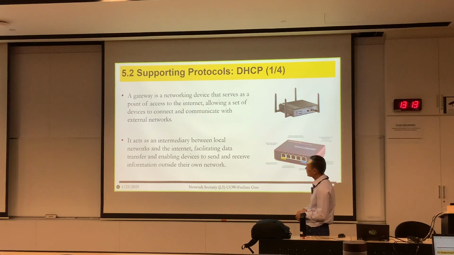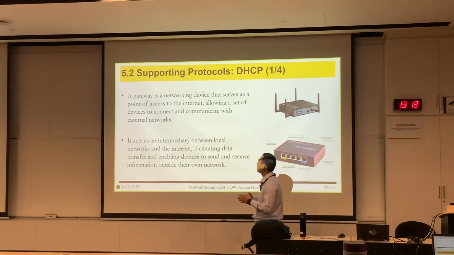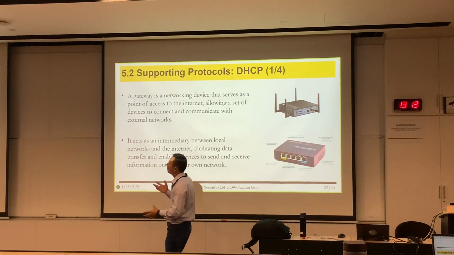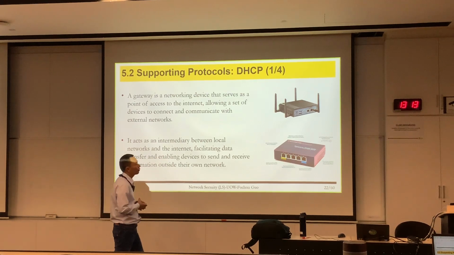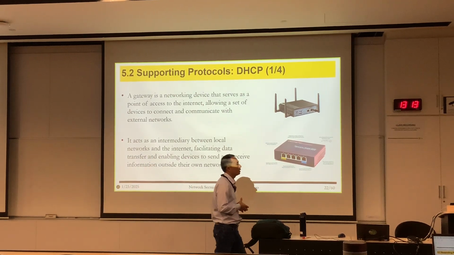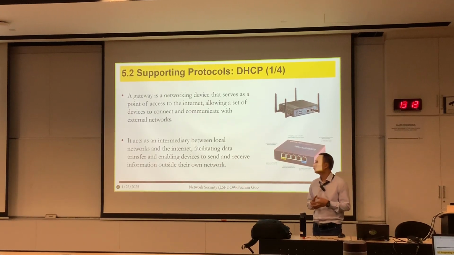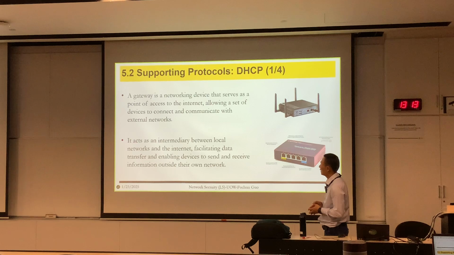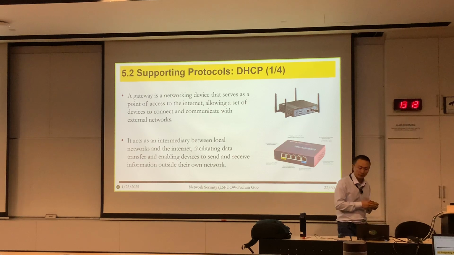Now, how can we have another network with the help of this gateway? This gateway is going to create a so-called local area network and manage all these devices to connect with the internet. But the first question is how to assign an IP address to each device under this gateway's management.